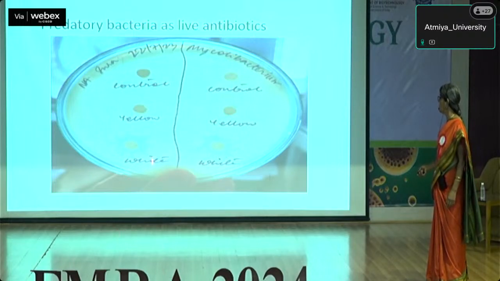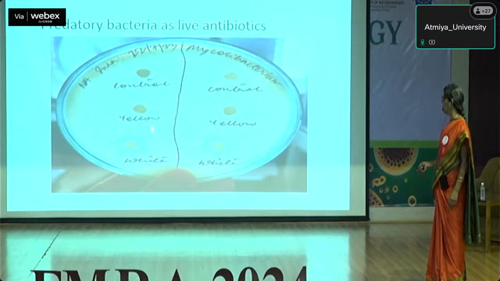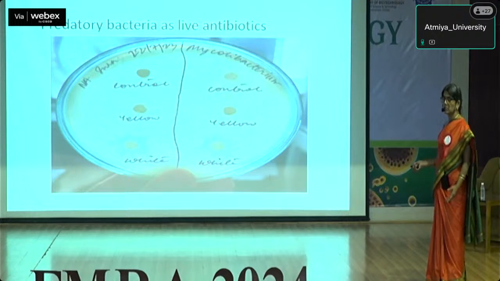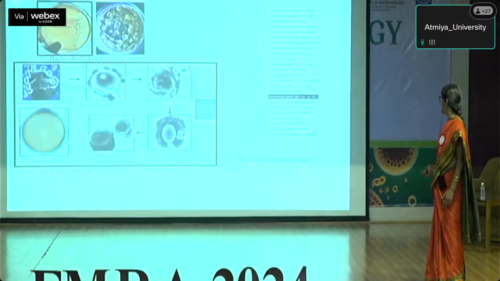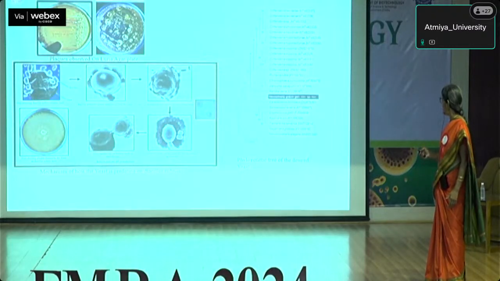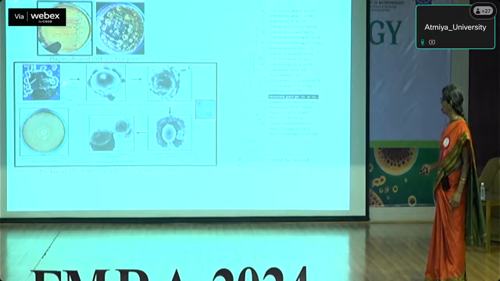And when you have something of that sort, if you want to know how it is doing and all those things, you can always go to any other lab to do it. So here you can see yeast also can act as a predator on bacteria. So this is yeast.